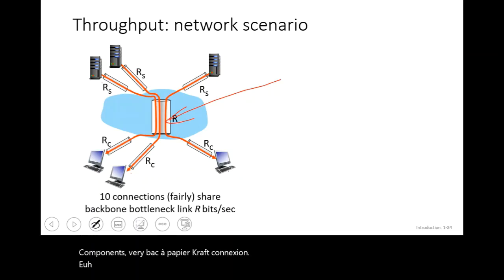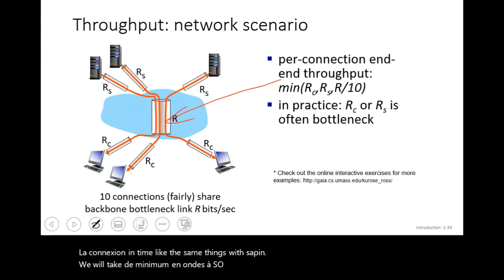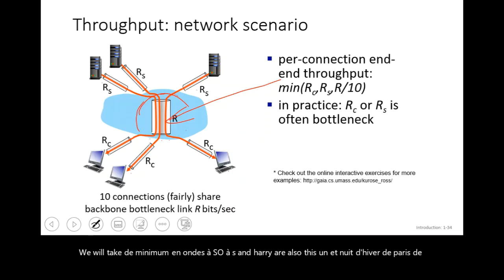They all share a link, right? So by connection, the same thing always happens. We will take the minimum of all the RS's, and we have also this R, and we divide it by the number of connections, right?